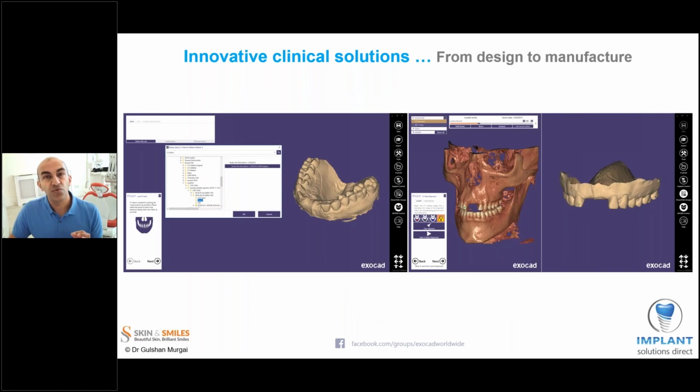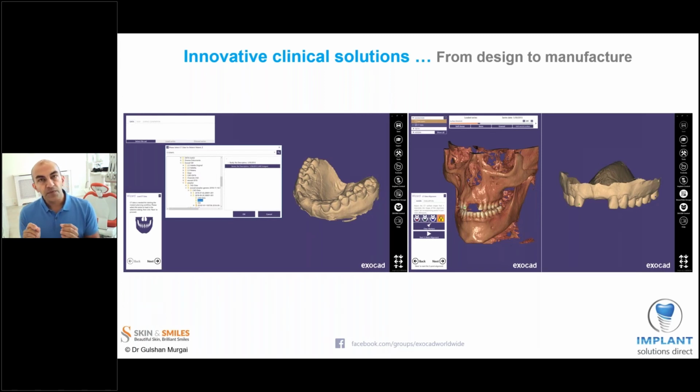Let's look at the steps graphically now. On the left-hand side, this is one of the first stages that you will see in exoplan. It's asking for data, and on that particular screen, the software is asking for the location of the CBCT data. On the right-hand side, the data sets have been brought in, and on the left-hand side of that particular image, you can see the CBCT data. That is obviously the rendered data, so you can see the full skull, you can see the teeth there.